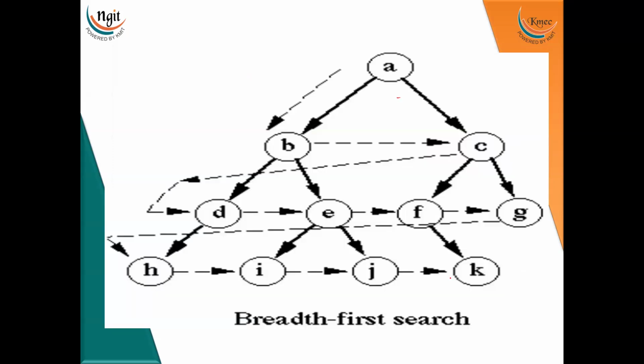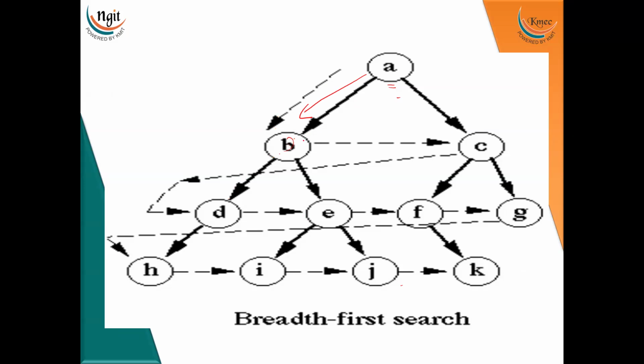Suppose our goal node is J or K. First, it will visit B. After B, it is not going to expand B. If you expand B, again we are going to get D and E. The expansion of node B again would refer to the DFS algorithm. But it is the breadth first search algorithm, which means it will go level-wise.